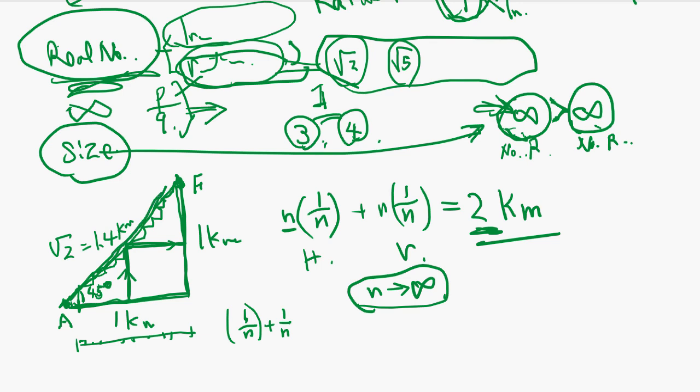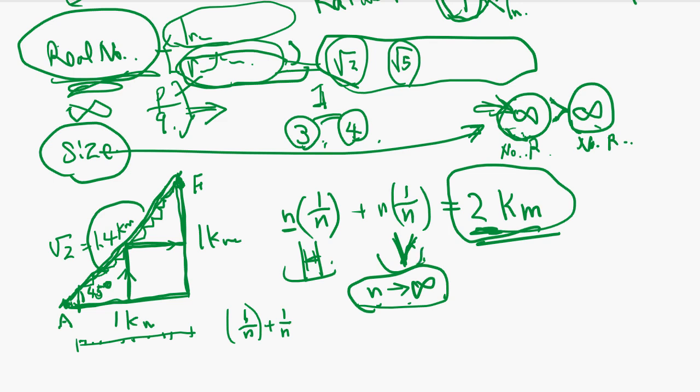So I should be walking only 1.4 kilometers, not 2 kilometers. But mathematically speaking, he is still walking 2 kilometers, because when n goes to infinity, nothing changed. The total of horizontal is 1 kilometer, the total of vertical is 1 kilometer.